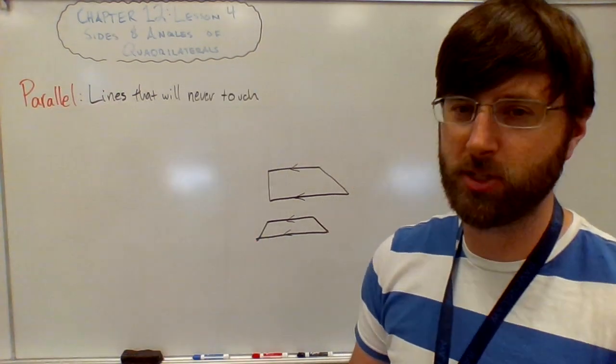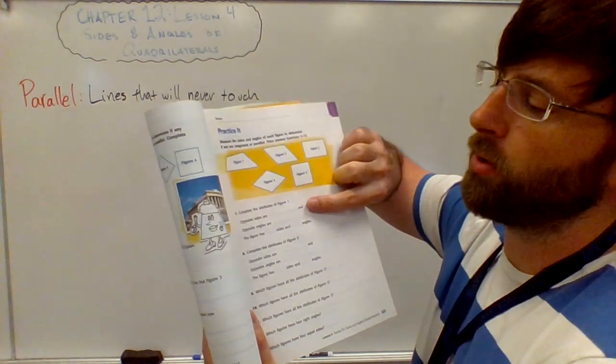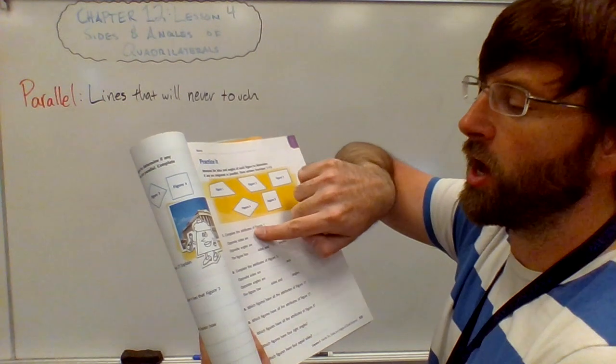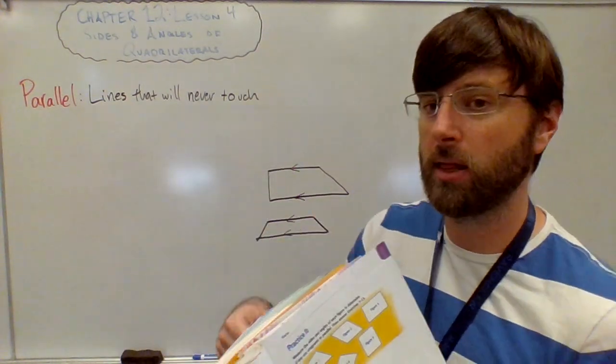Okay, I want you to jump to practice it. Again, you can skip the talk about it. In the practice it section, notice that it wants you to focus, instead of like in the examples, just on figure 1 and answer questions about it. Now you are allowed to write more than one word in here. We're classifying sides based on if they're parallel and if they're congruent.